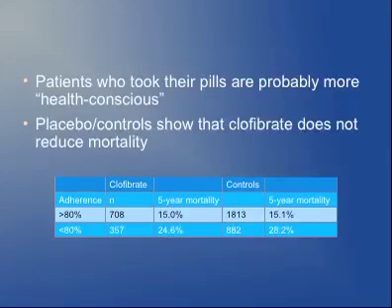So it looks like it's not clofibrate that's lowering the mortality rate of people who are taking their pills. It's just that these are the people who are taking care of their health generally. The moral of the story is that if you don't include controls in your experiment, you can get misleading results.